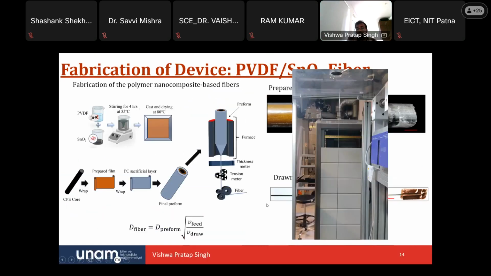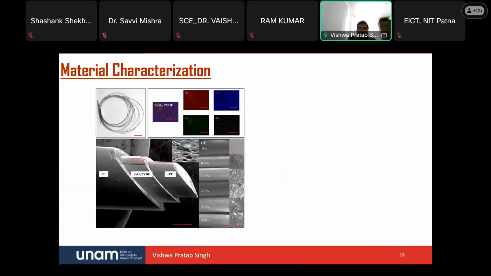After this thermal drawing process, we need to do the characterization. We need to understand what type of fiber we have got, and what the structure of our fiber is. This is a small bundle of that fiber we got. It's almost around 1 meter. To understand the structure of our fiber, we cut it in an angled cross section.